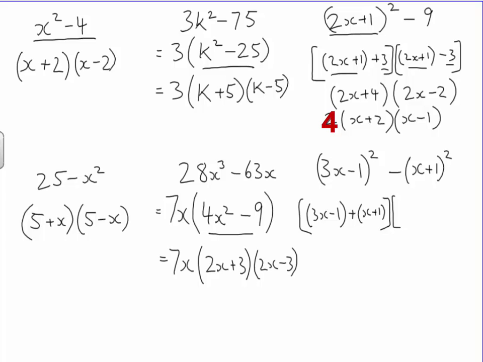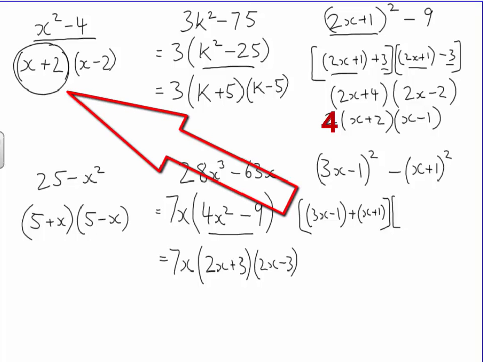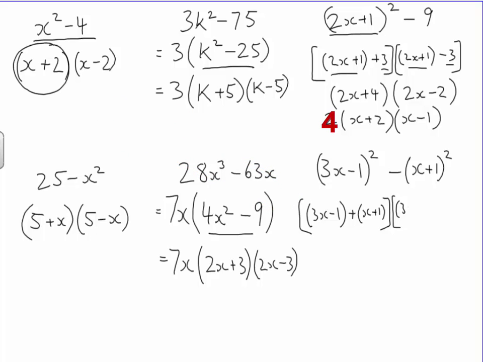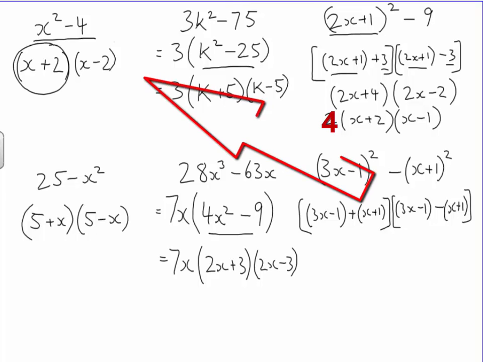It's the same as that part up here. And then for the second part, I'm going to have 3x take 1, close that bracket, subtract x plus 1, close those brackets. And that is exactly the same as that part of that question.